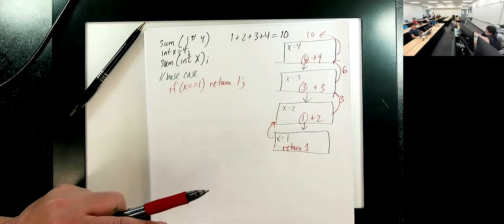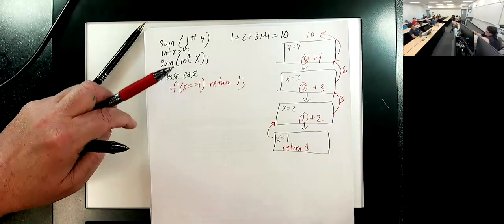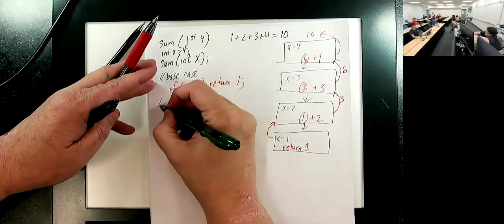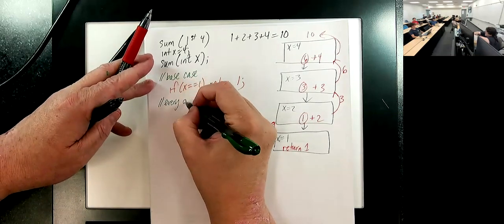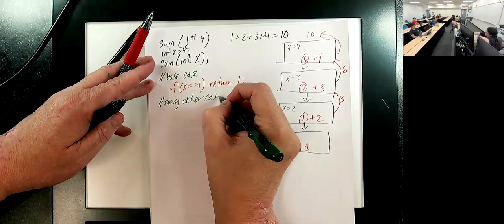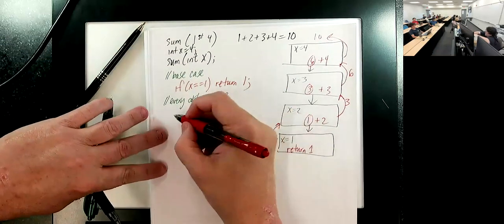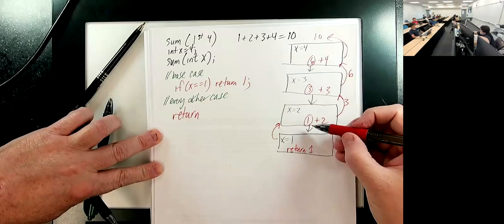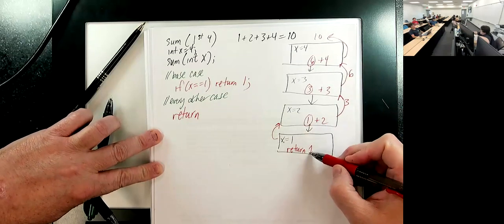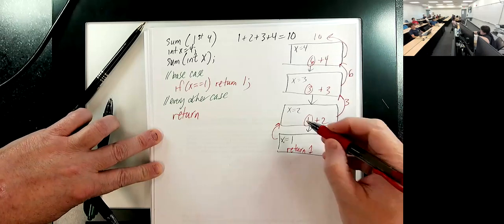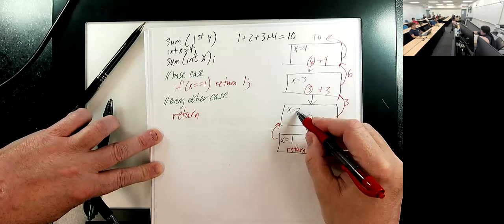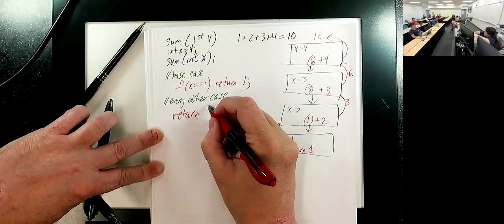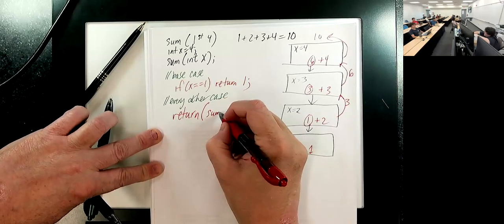So what do we have to make this return called for everything else? Well, this one was this one right here, right? So if I'm at x = 2, I'm going to return sum of x - 1.